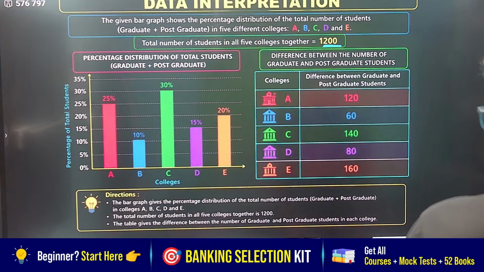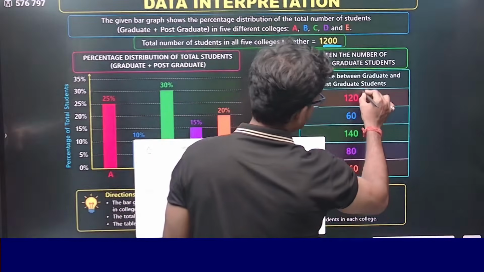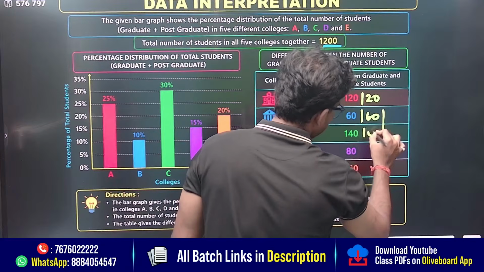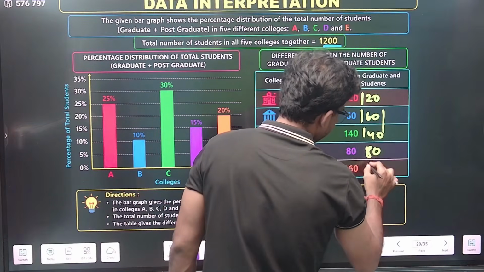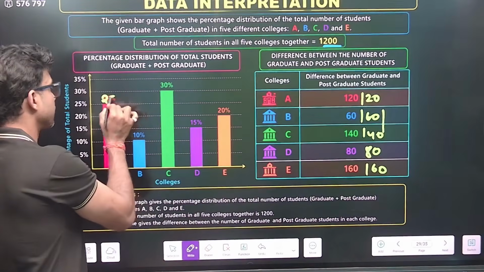Now, if you are not able to read it, let me show you that this is 120, this is 60, this is 140, this is 80, and this is 160. This is 25%, guys.